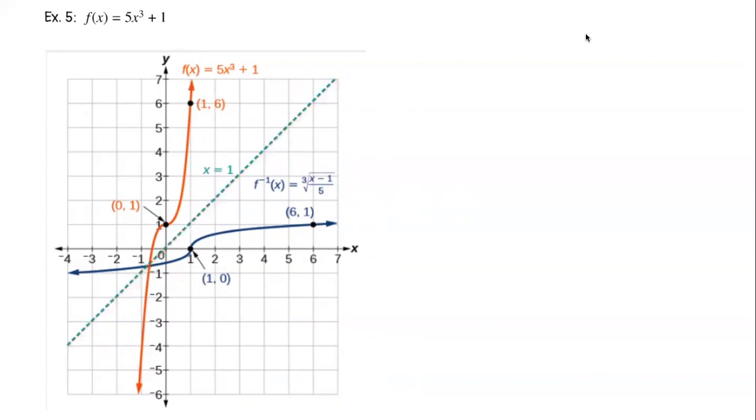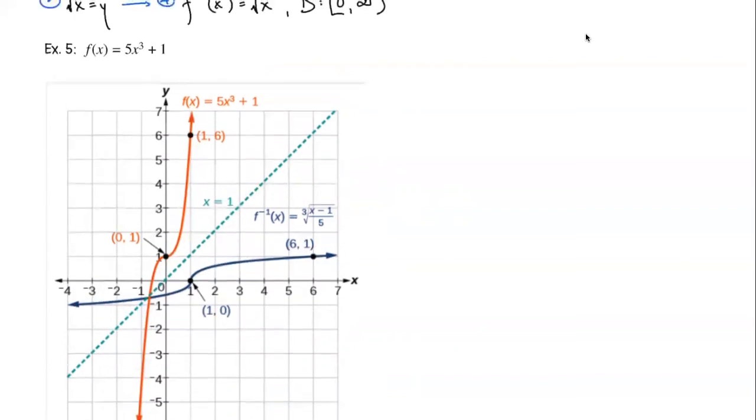And we can kind of see that this orange graph, if I fold it over, will give us the blue graph, right? And so I'm going to ask you to kind of turn your head slightly to the right now. And you can see that those 2 red curves sort of fold right on top of each other, right? So your textbook gives us this as the inverse function. I just want to make sure we know where this comes from, okay? So let's follow these 4 steps and see.